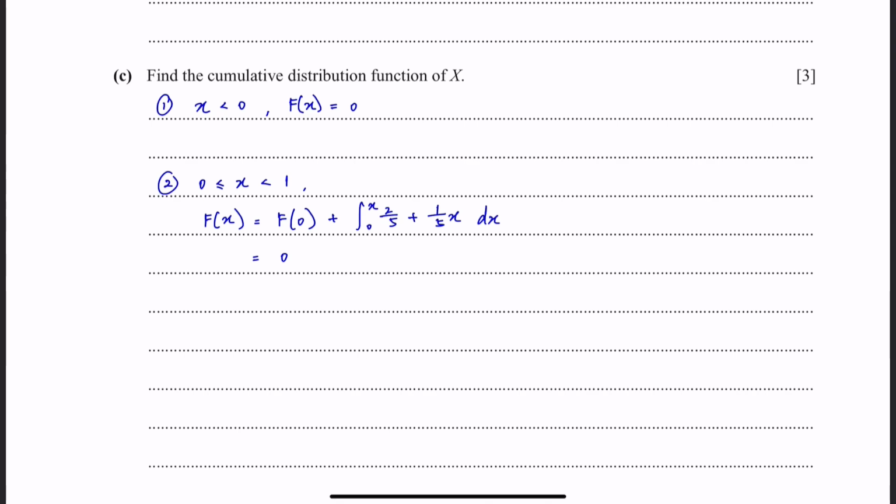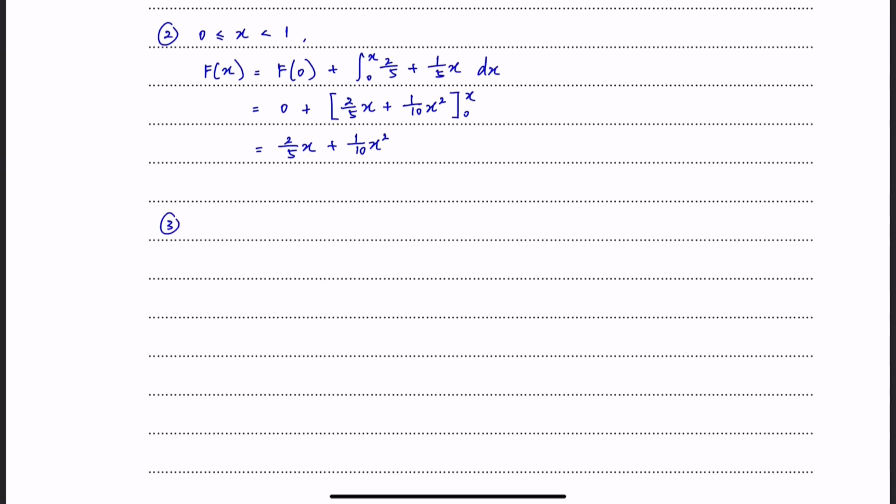So F(0) is 0 plus 2 over 5x plus 1 over 10x squared from 0 to x. And this would give us 2 over 5x plus 1 over 10x squared.